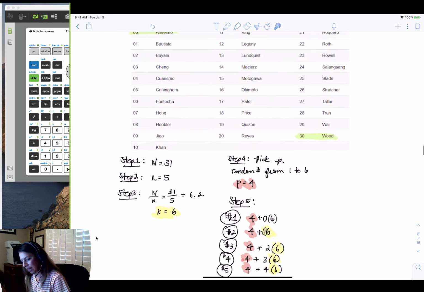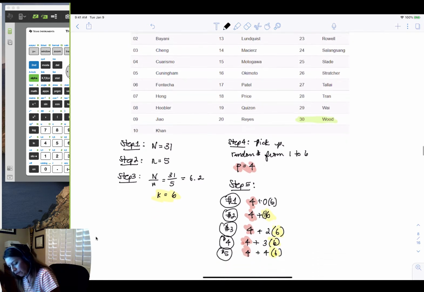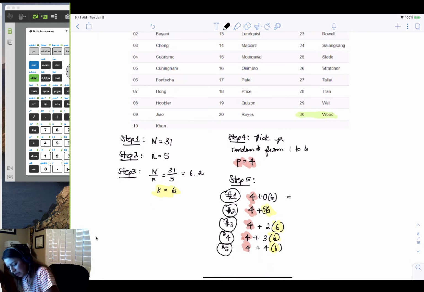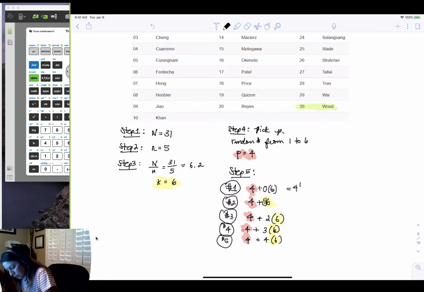So let's see who that is. We know that the first person is person number 4, the 4th student. Number 2 is 4 plus 6, which is the 10th student on my list.